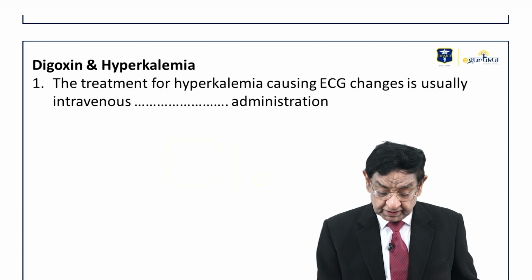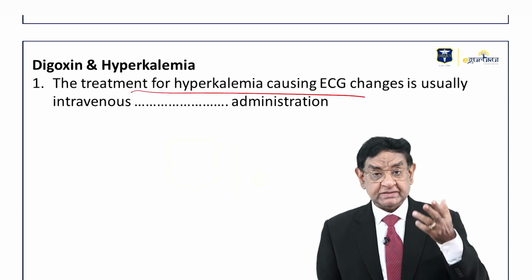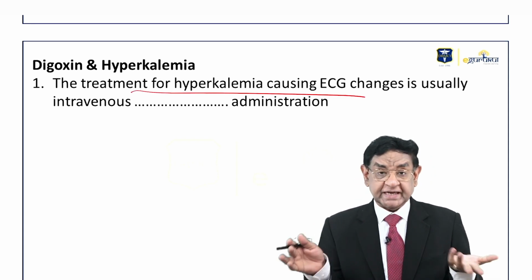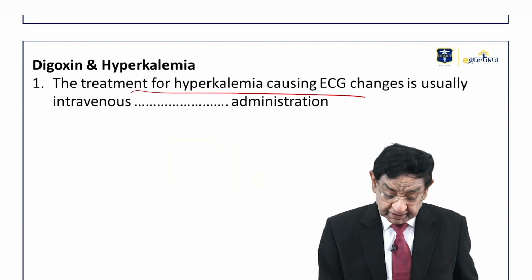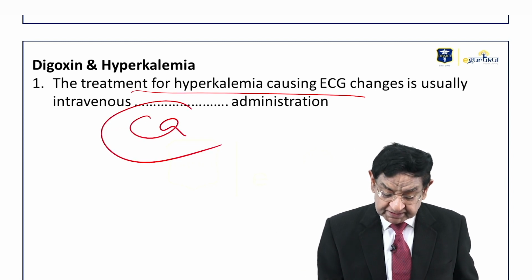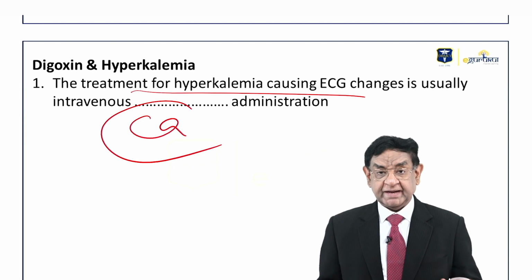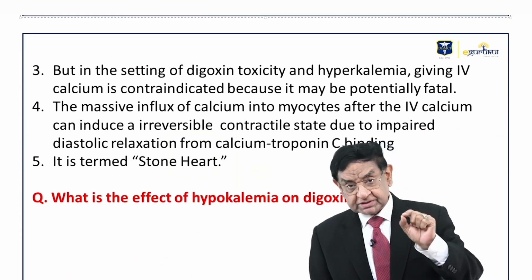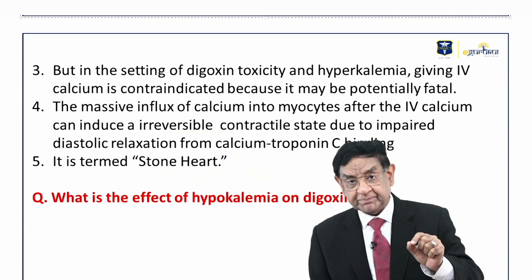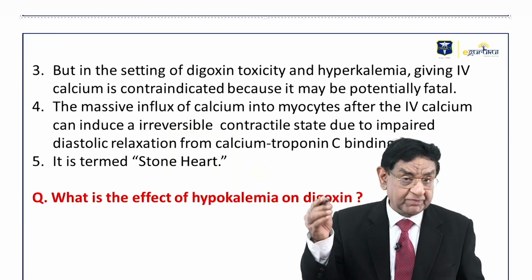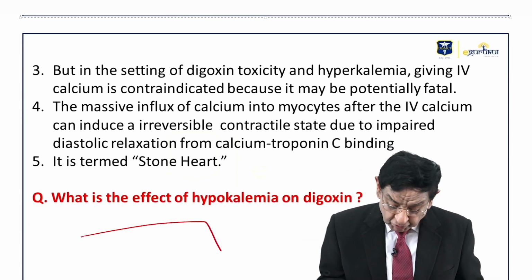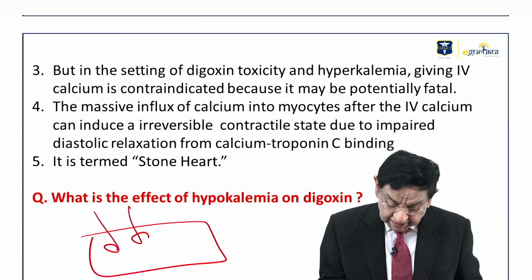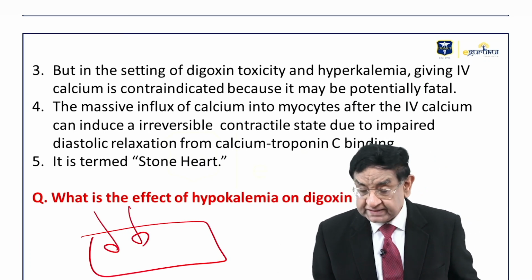Hyperkalemia causes ECG changes as usual, and we give calcium gluconate injection in every hyperkalemia. But in the setting of digoxin toxicity, if you give calcium, potassium will remain out, and more and more calcium will enter the cell.